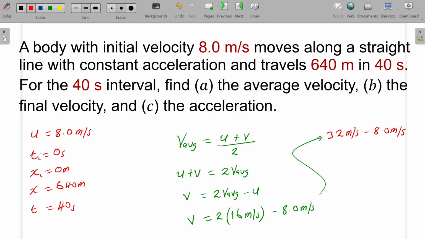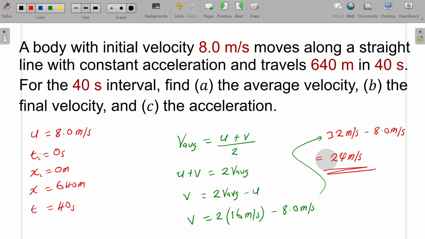Then this will subtract 8.0 meters per second. According to my calculator here, it's giving me 24. So this gives me 24 meters per second, meaning this is now our final speed or velocity. In this case, we're talking about velocity. So this is our final velocity.